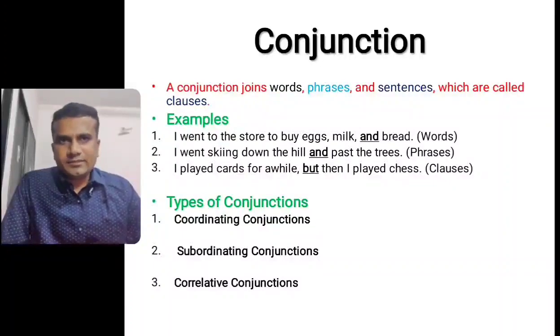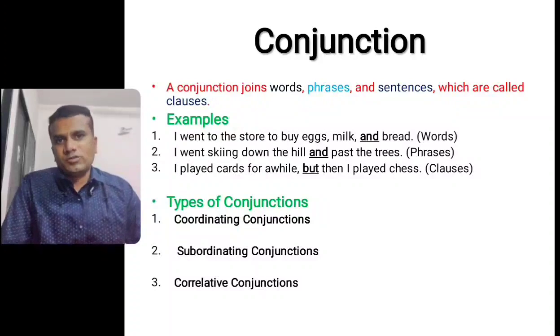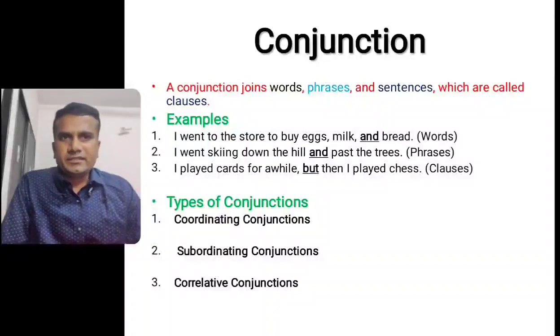In the next example, I went skiing down the hill and past the trees. Here two phrases are joined by the conjunction, and in this sentence and is the conjunction. In the next example, that is the third one, I played cards for a while, but then I played chess.